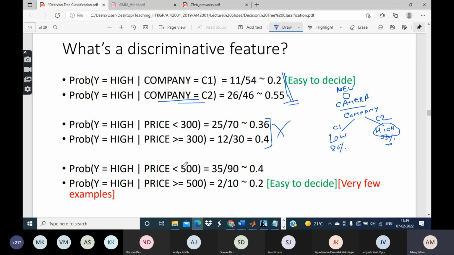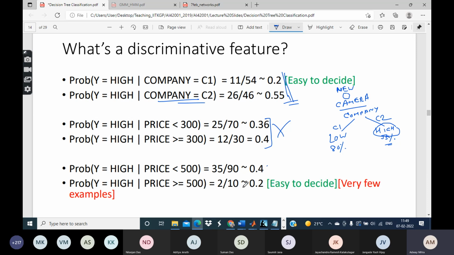If you consider the feature whether the price is less than $500 or higher, in one case you see that there is a 40% chance of giving high ratings. In the other case, it is a 20% chance of giving high ratings.